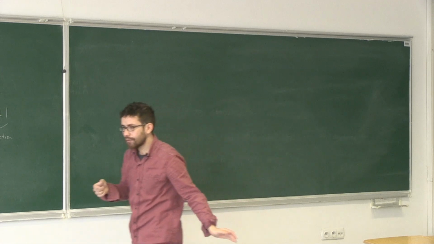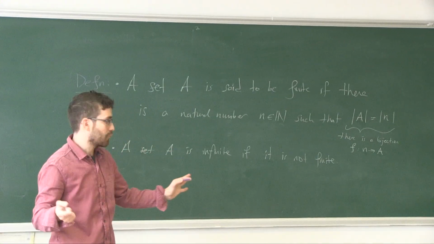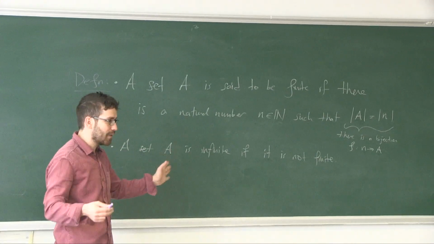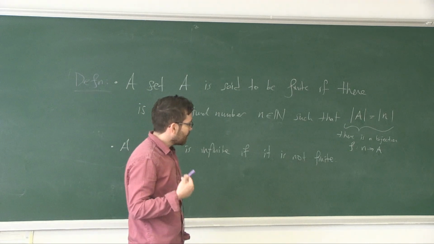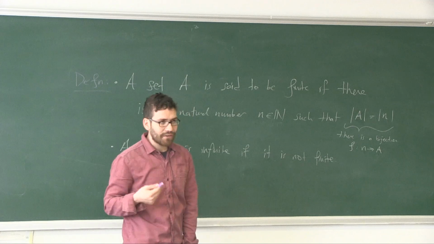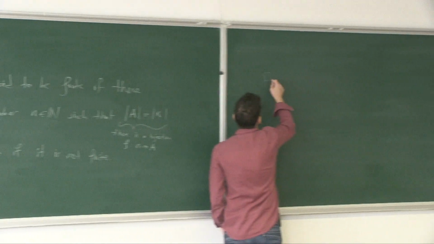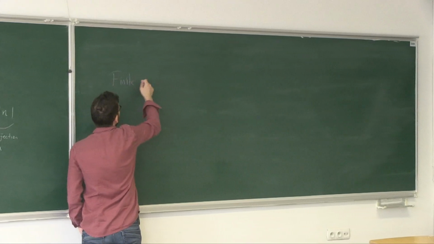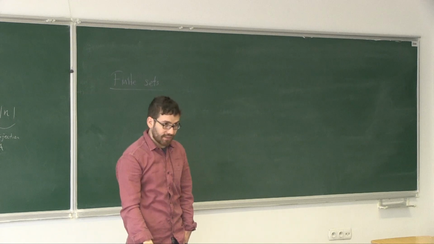We want to prove that the set of natural numbers is infinite. That's our first goal. We want to show that there is at least one infinite set. Before that, we first need to understand how finite sets behave. So we're going to prove stuff about finite sets.